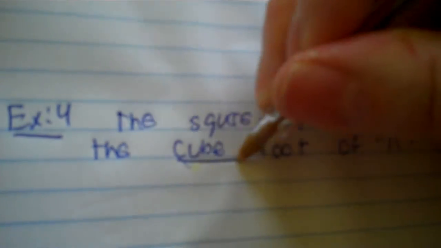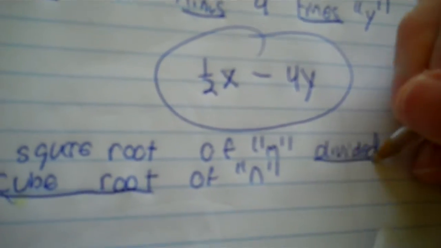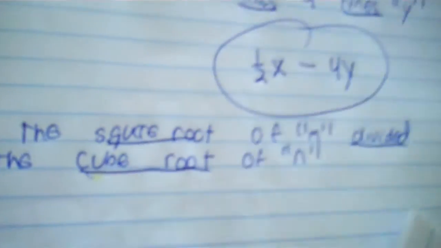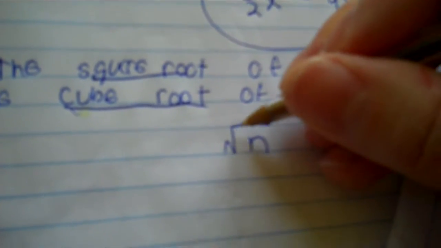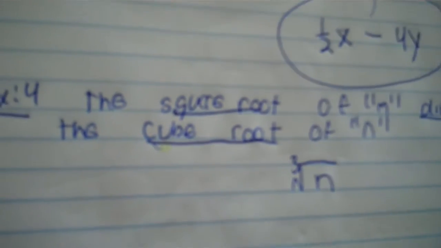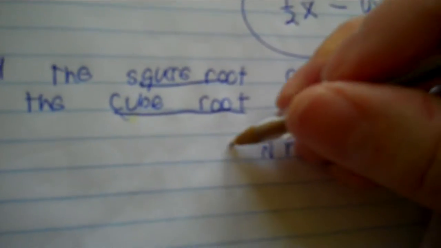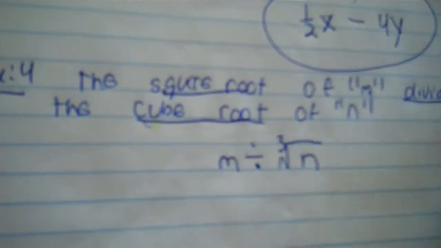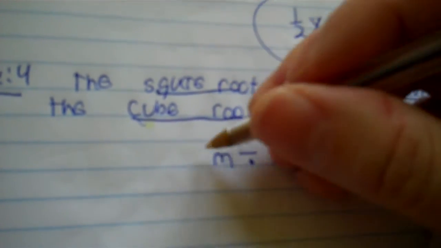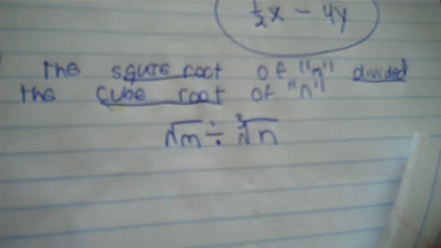So again, cube root means operation, okay, divided by and square root. So I put n and I put a cube root over it. That means you put a root with a 3 in the index. Then divided, work your way backwards, m. And then the square root of m means I put a square root over the m, and that's the answer.